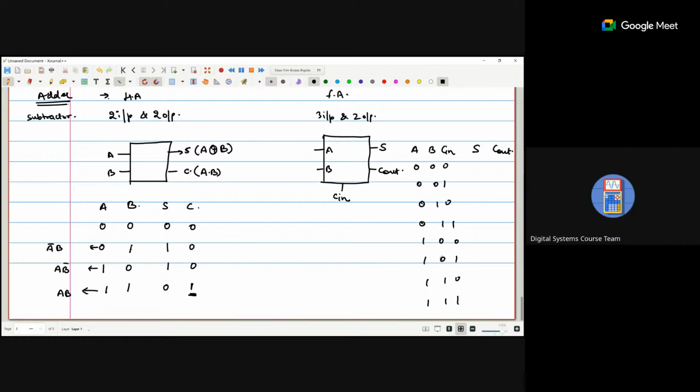So when all are 0, sum is 0. 1 and 1 gives sum 0, carry 1. And 0 plus 1 is 1, so sum is 1, carry is 1.